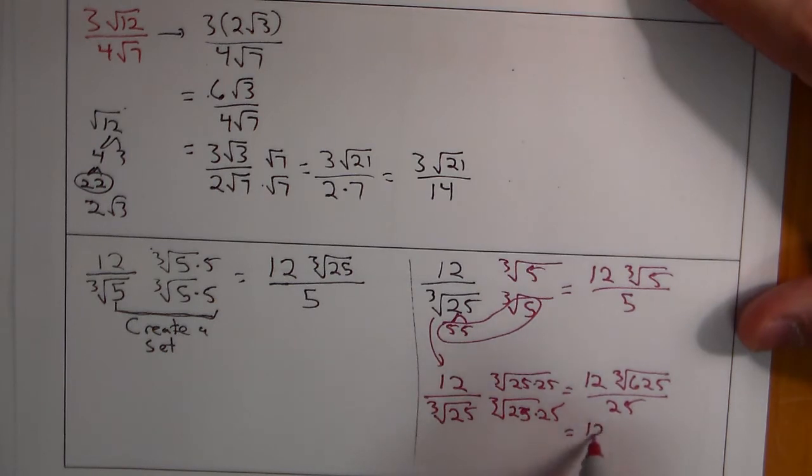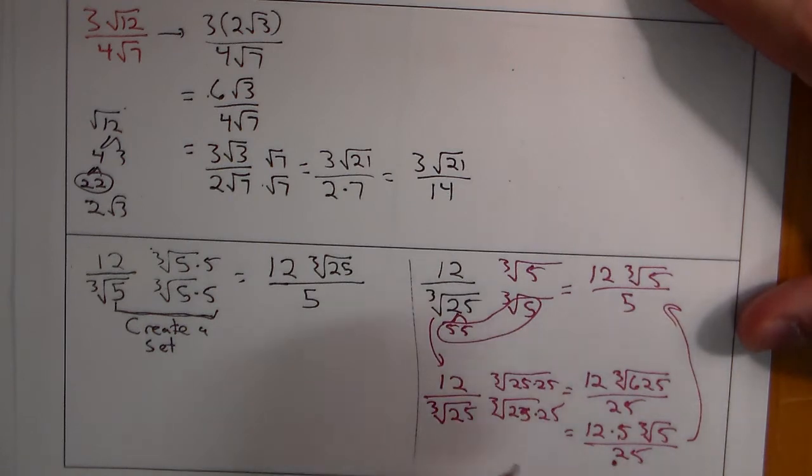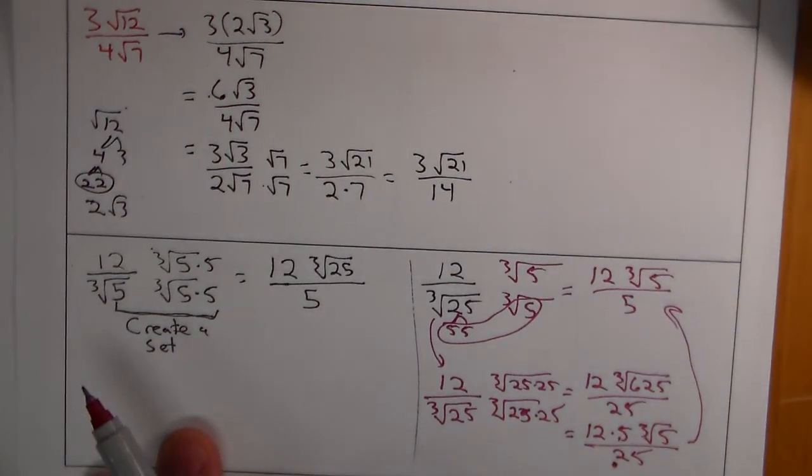So a set comes out, it's going to be 12 times 5, cube root 5 over 25, which the 5 and 25 simplify down, so we eventually get to that answer. It's going to work and still get us there, but really we're then forcing ourselves to then go back and simplify more radicals when we already are doing as many as we need to.